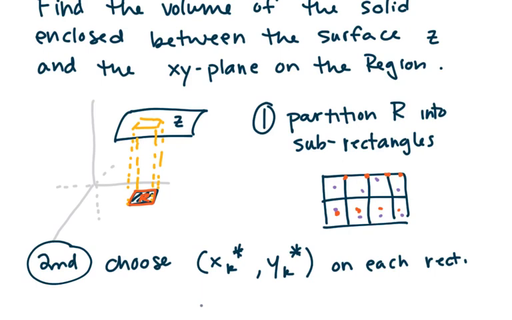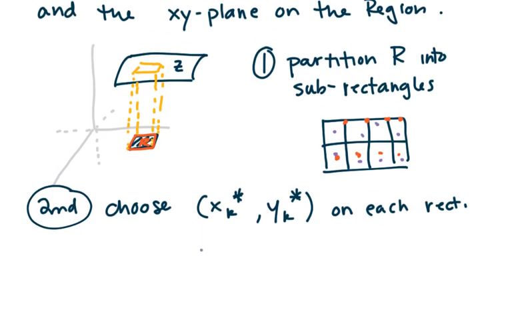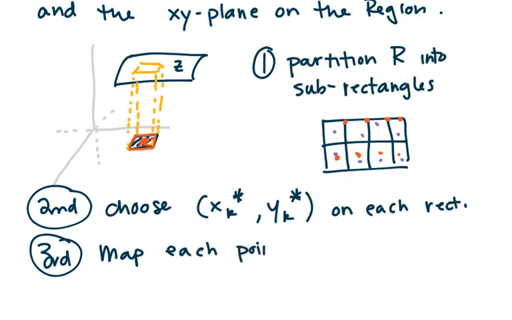And so at this point, we would take each of these sub-interval rectangles, and we'd have 8 of them, and I would map each of these 8 rectangle heights up to that surface. So part 3 here, we're going to map each of those XY points onto that surface Z. And each time I take one of these points and map it up there, I have the area of this little rectangle multiplied by the height.